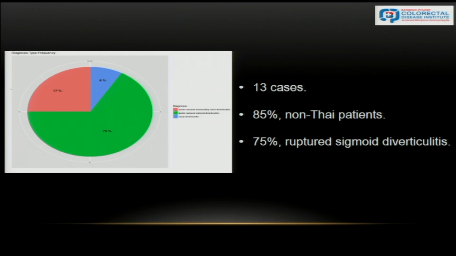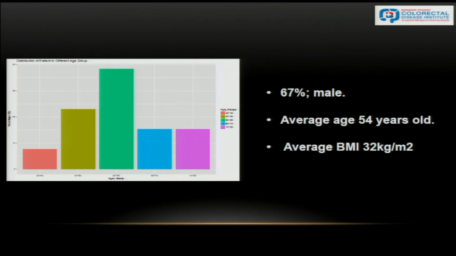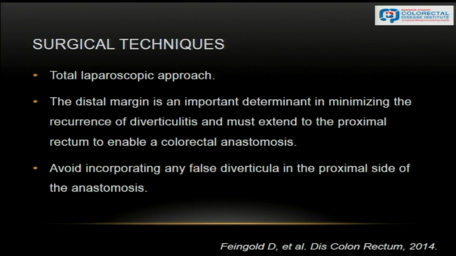All of these patients were Hinchey 3 and 4. 67% of the patients were male, the age was around 54, and the BMI was 32. We did a total laparoscopic approach for all these patients.